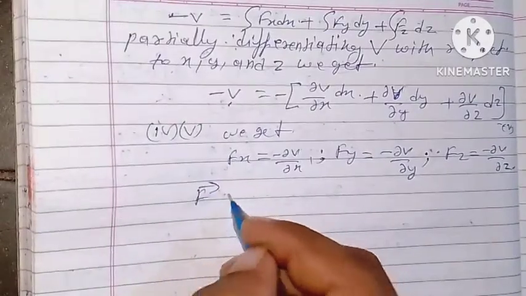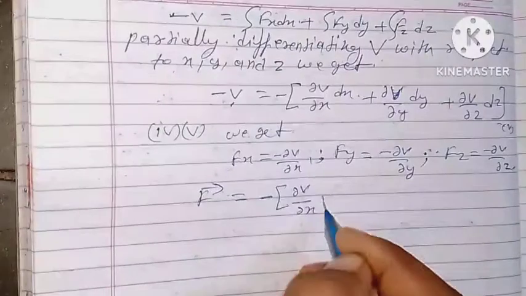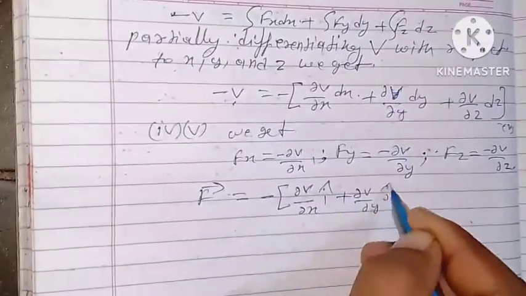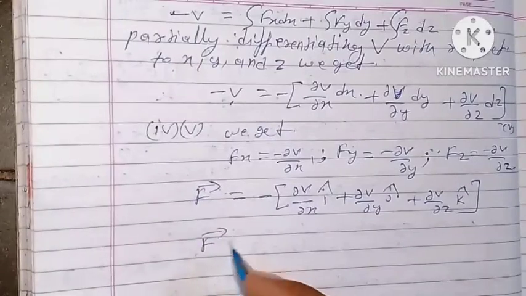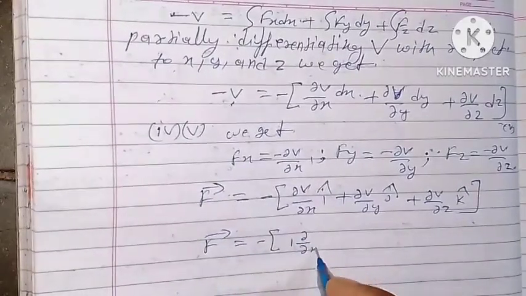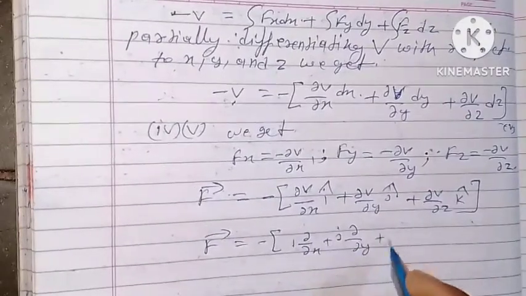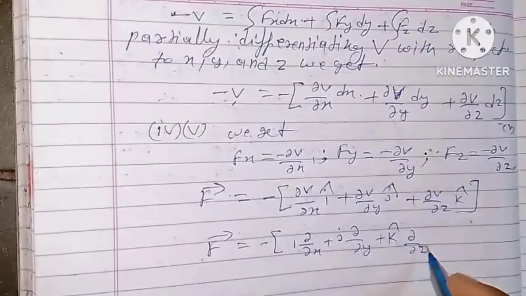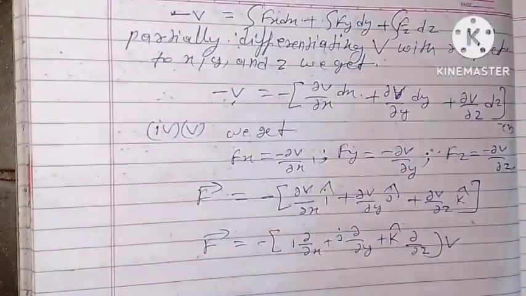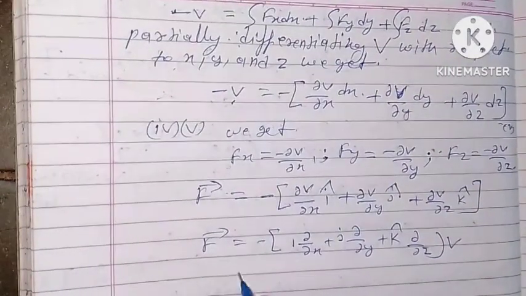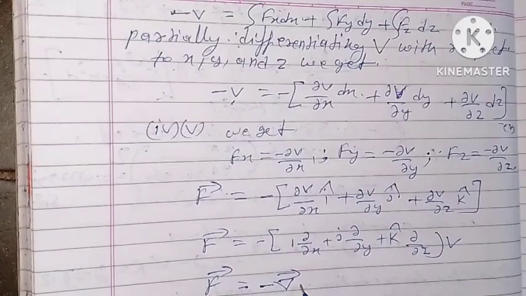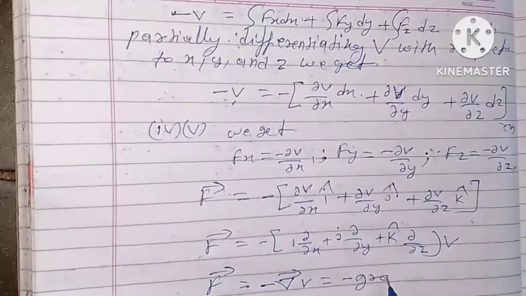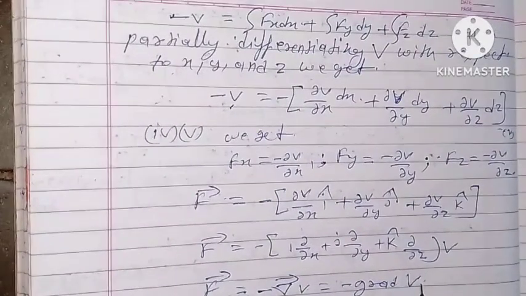Then vector F equal to minus (i del upon del x plus j del upon del y plus k del upon del z) V. Then vector F equal to minus del V, equal to minus grad V. Thus a conservative force is expressed as the negative gradient of a scalar potential function.